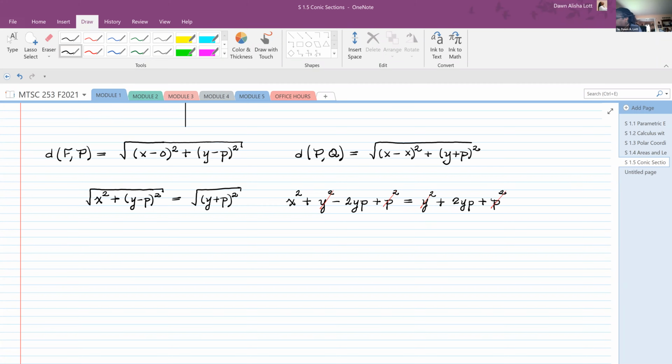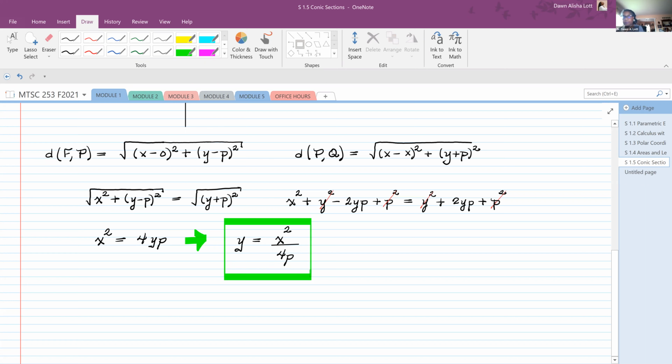And so I end up getting X squared equals 4YP. That gives me the equation of the parabola: Y equals X squared divided by 4P.